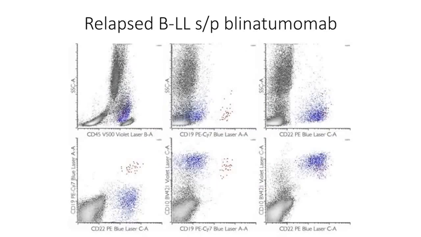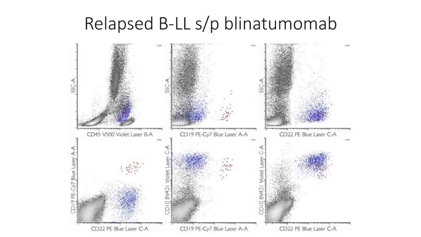Now, we went through a lot of trouble to find a home for CD22. And I think this last case illustrates why that's so important. This is a patient who had B lymphoblastic leukemia and relapsed, and was then treated with blinatumomab, which is a bispecific T-cell engager that does target CD19.